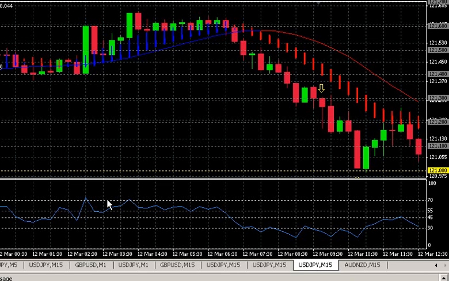That's why I have these outer levels here. That level is 70. And also I have this bottom level here, which is 30. Now, what frustrates a lot of people, in my opinion, is that you're still going to have to interpret the chart.